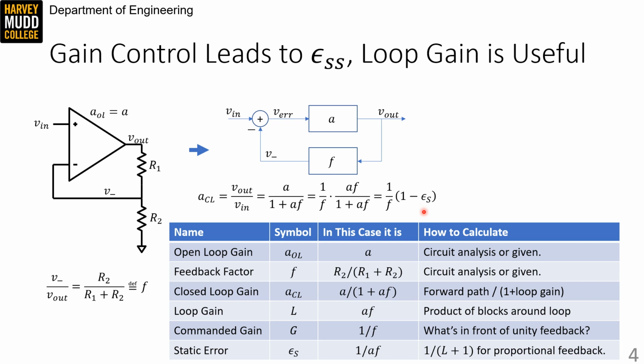In this case it turns out to be 1 over AF, which you can get by doing a little bit of algebra and approximating this expression. But once we do this kind of neat bit of unity feedback analysis, we'll find that it's always 1 over L plus 1 for proportional feedback. This L plus 1 factor is going to show up over and over again, so I find this to be the easiest way to remember what the static error is.